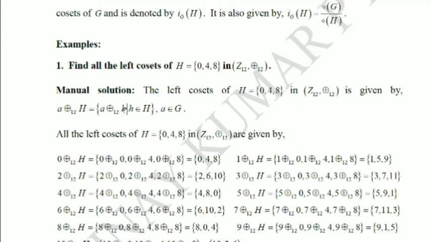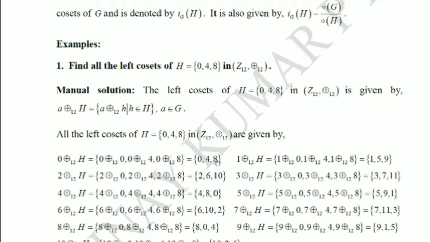So 0 I'll give for h, 4 I'll give for h, 8 I'll give for h, right? And your A is 0. So that becomes 0 plus 0, 0 plus 4, and 0 plus 8, under the binary operation addition modulo 12. You add them, that gives you 0, 4, 8.